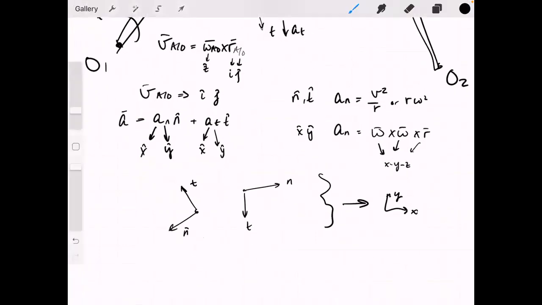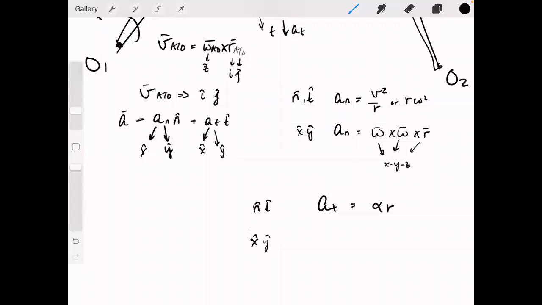And I mentioned this earlier when I said I'll write this in vector form, but this is why you write it in vector form. The same thing with A tangential. This is equal to alpha cross R, which is true in a normal tangential, but if we were to change to an XY coordinate system, our vector of tangential would have to be alpha cross R, where both of these are in an XYZ coordinate system.